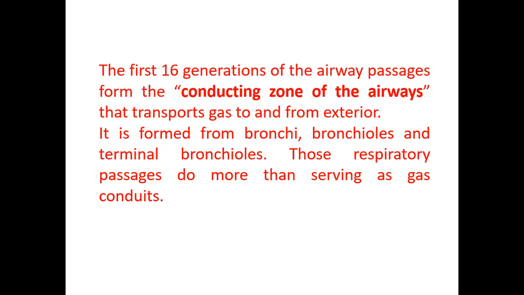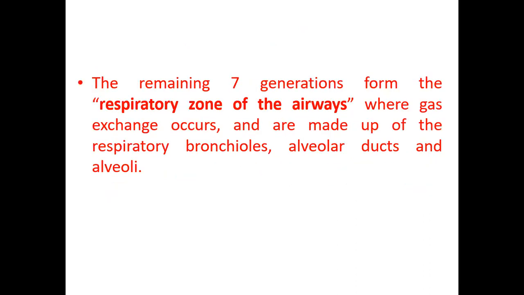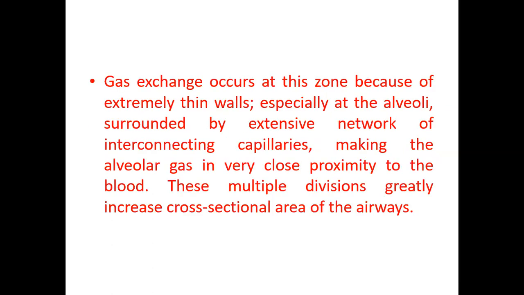Those respiratory passages do more than serve as gas conduits. The remaining 7 generations form the respiratory zone of the airways, where gas exchange occurs, and are made up of respiratory bronchioles, alveolar ducts, and alveoli.